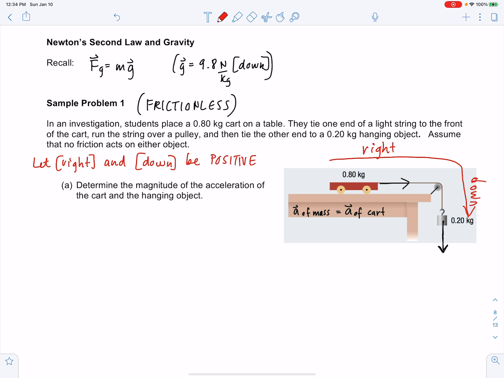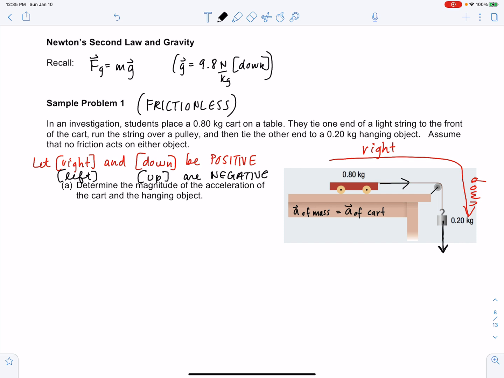So we know that left and up are negative. You can assign basically any directions to be positive or negative as long as they are collinear. In this example, we're going to make right and down be positive because this is the direction the cart will travel and the mass will travel.